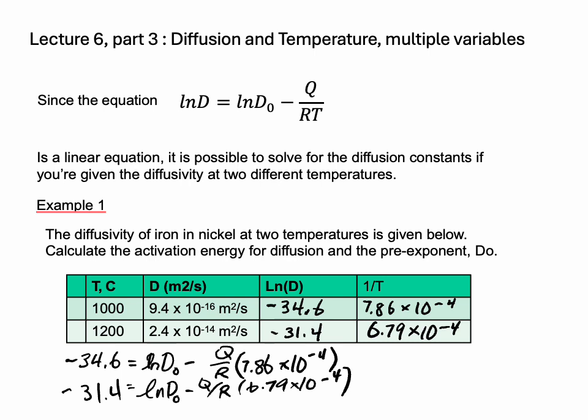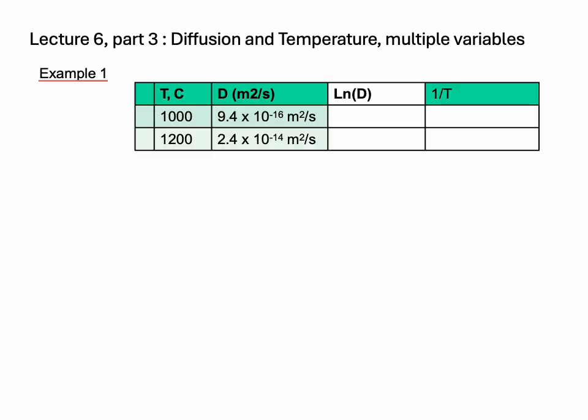And that's a set of two equations with two unknowns, so we can just subtract one equation from the other, which I'll do here. So I have negative 34.6 is equal to natural log of D0 minus Q over 8.31 times 7.86 times 10 to the negative 4.